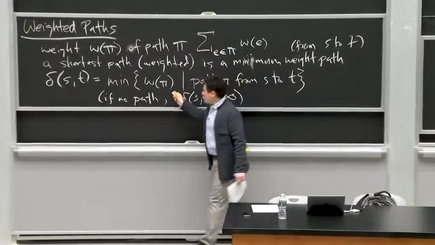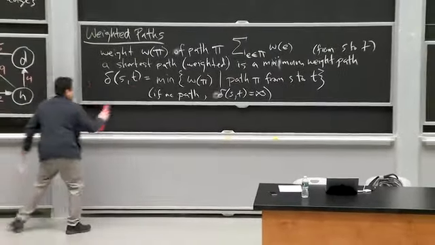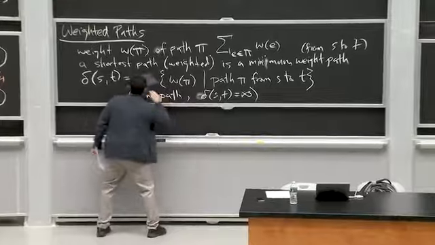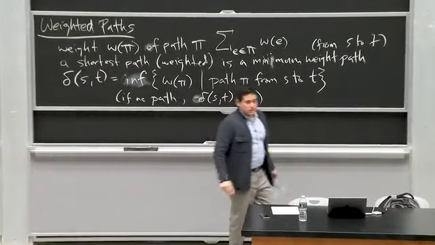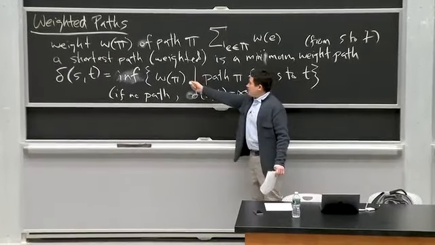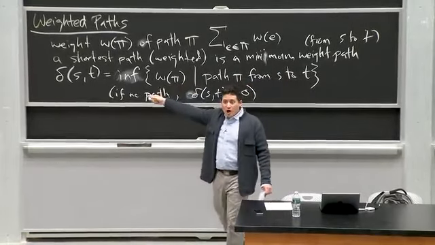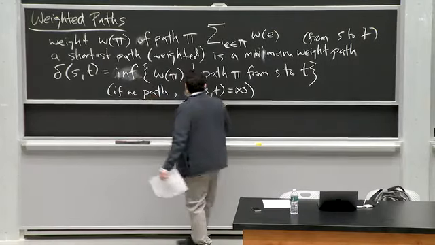So I'm going to change this minimum to, in mathematics, just to be specific, an infimum. In the case where the weight of a shortest path can approach arbitrarily small, we'll call this minus infinity, okay?